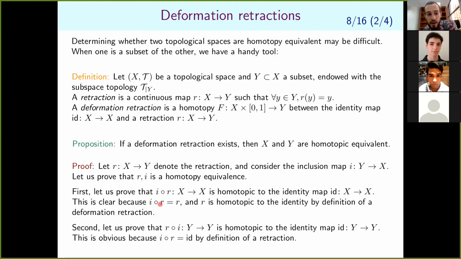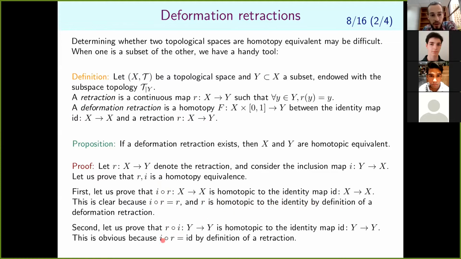So R is R. And by definition of a deformation retraction, I know that R is homotopic to the identity between X and X. This is the definition. So I know that this composition is homotopic to the identity. So we're very good. The other composition is R I.